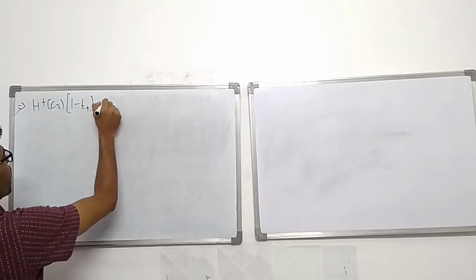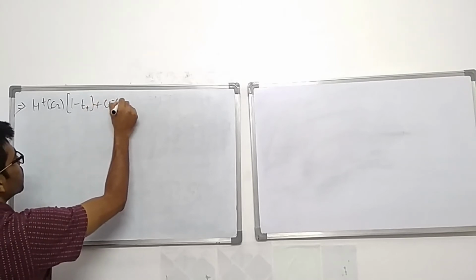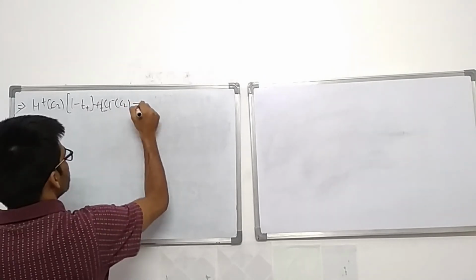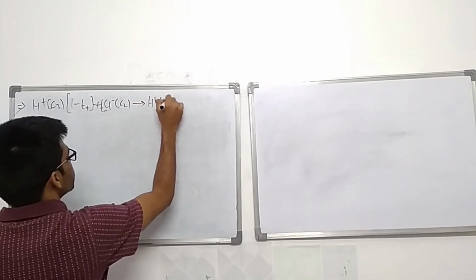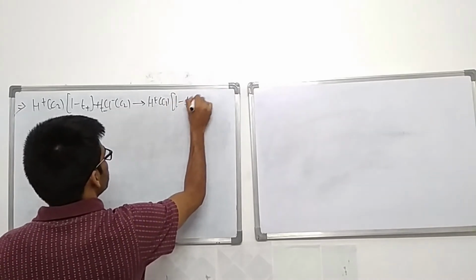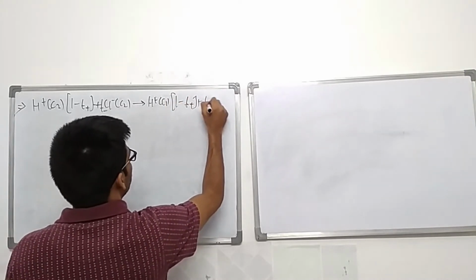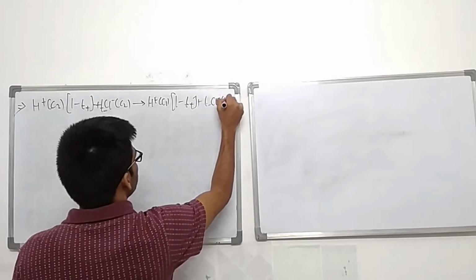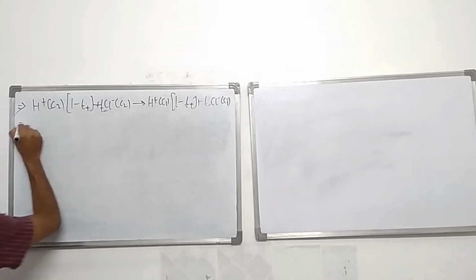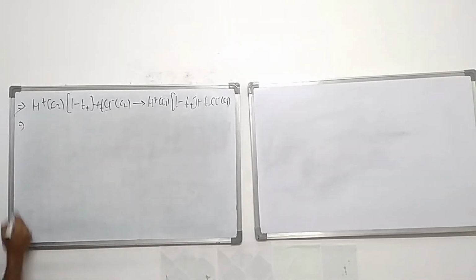At the same time, I have Cl minus C2 with a T minus, and this gives, again, if I take H plus C1 common, I'll be left with 1 minus T plus, and I will have T minus Cl minus C1. Okay, fine. Now we know that T plus plus T minus is equal to 1. So that means 1 minus T plus will give me T minus.